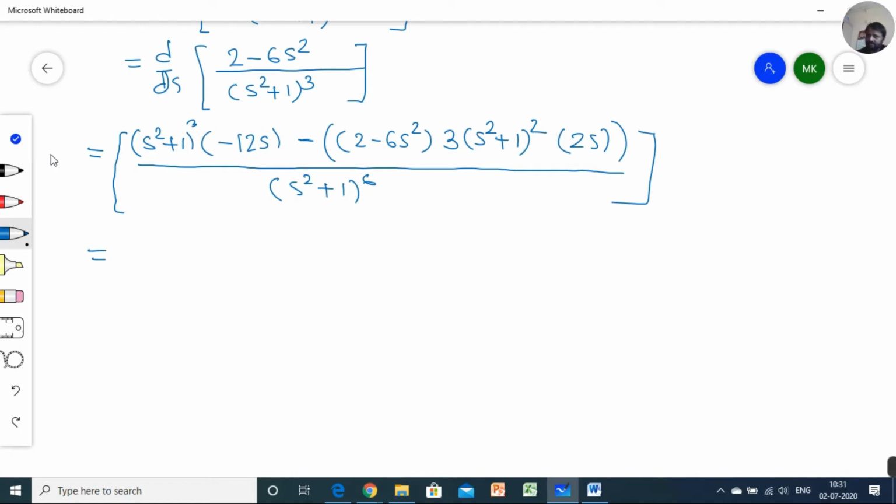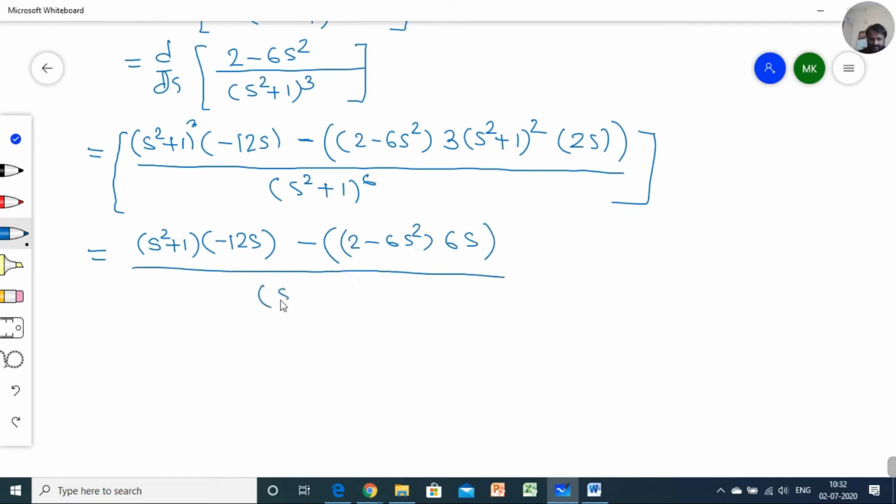So take 2 times as a common factor and cancel this, so you will get in the denominator s square plus 1 raised to power 4, and the remaining is here s square plus 1, because here it is 3 times and here it is 2 times. When you take 2 times as common, 1 time will be kept as it is here, and from here it will be completely out. So the remaining, I am taking s square plus 1 as it is, into minus 12s, minus, or this will become 3 times 2s is 6s, 2 minus 6s square into 6s, divided by s square plus 1 raised to power 4.